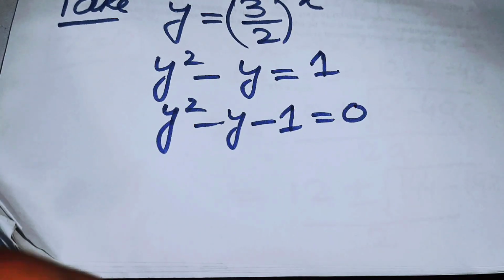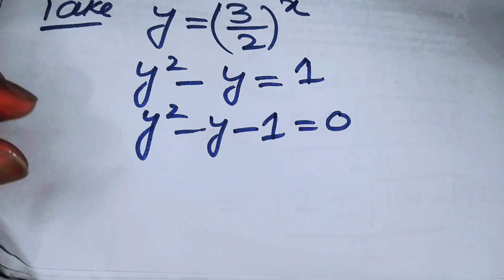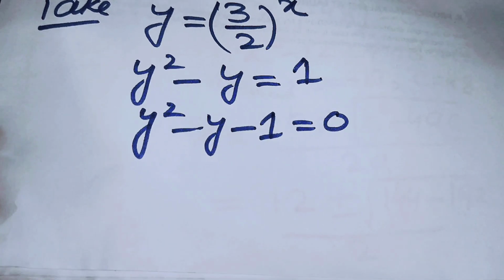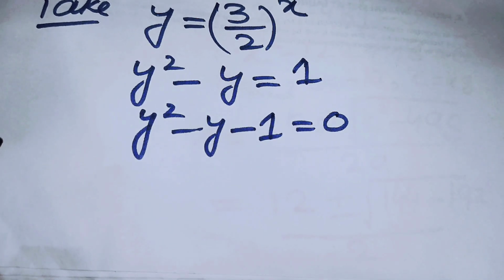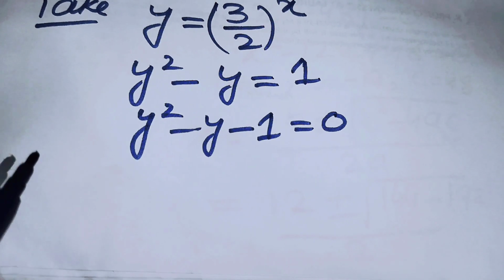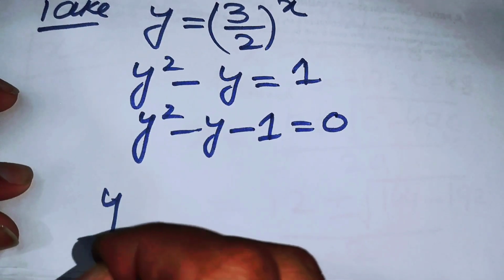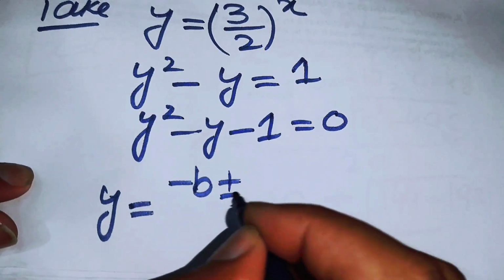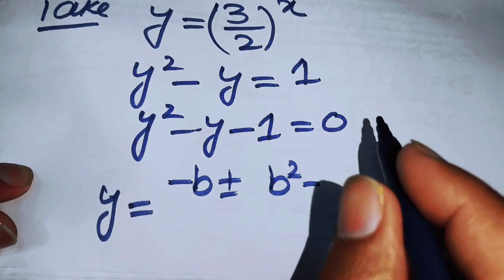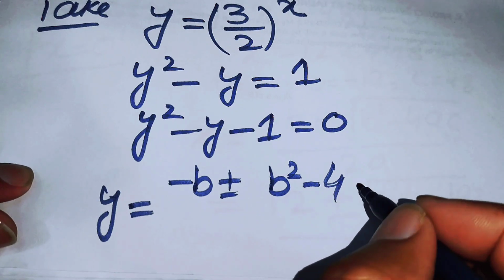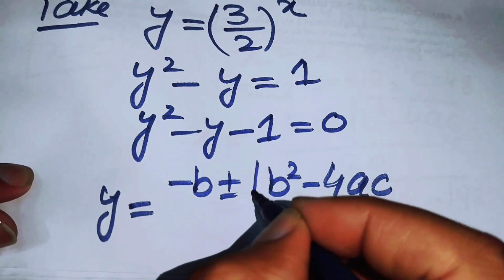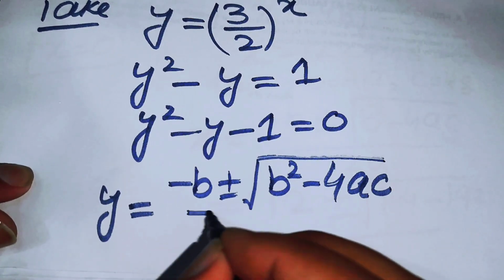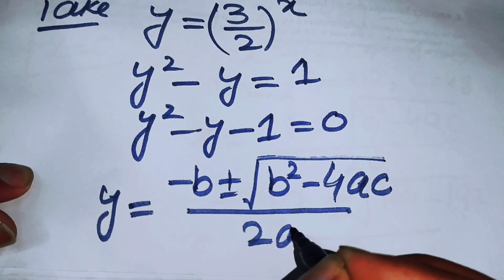And now we can solve this problem by using the quadratic formula. And you know about the quadratic formula. We have y is equal to minus b plus minus square root of b square minus 4ac, whole over 2a.